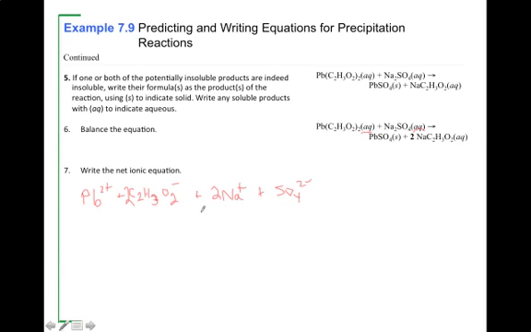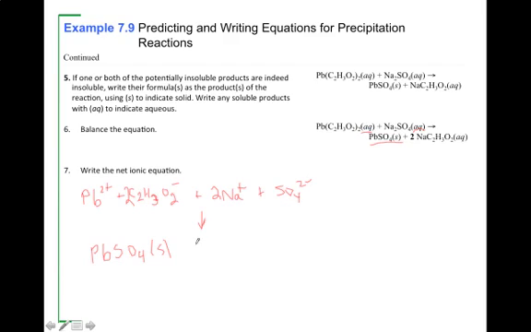Okay, now our products are going to be lead sulfate solid. We do not write this as separate ions. We write lead sulfate solid.